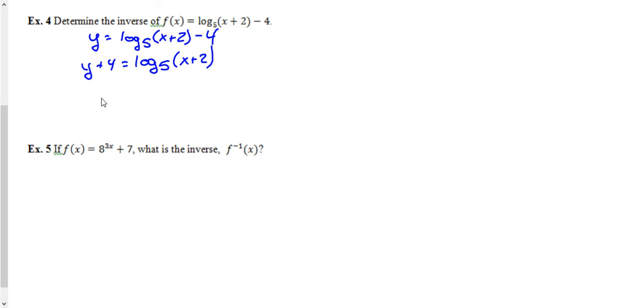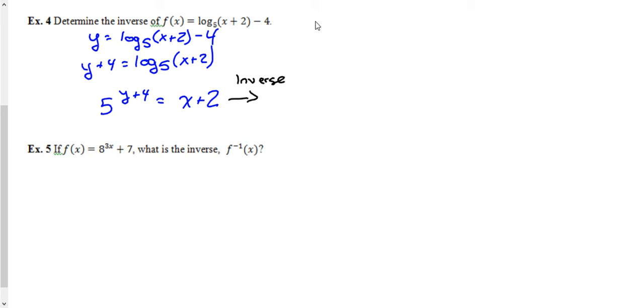And here I'm going to rewrite it, so I have 5 to the (y plus 4) equals x plus 2. So what I've done is rewrite it in terms of logs back into an exponential, and I'm going to inverse this.